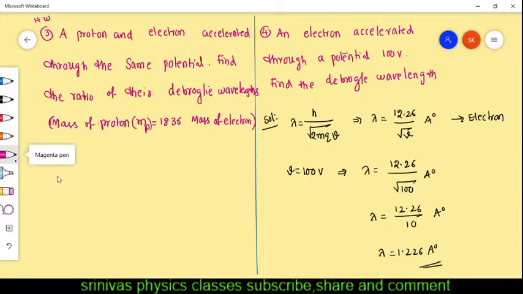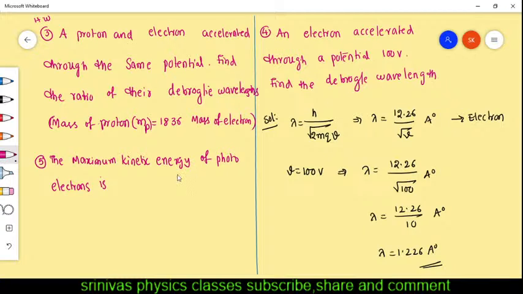Then the fifth question I will give as homework. You try to solve it. The maximum kinetic energy of photoelectrons is 3 electron volts.